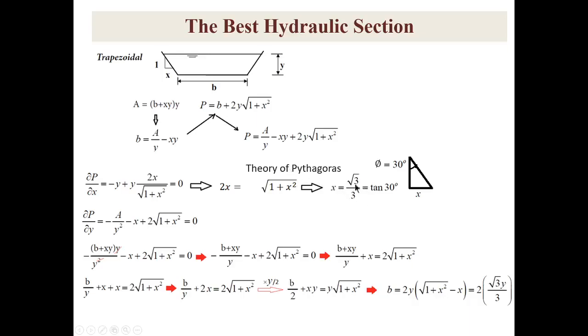Or you can say that this theta is 120. Now we have to differentiate the p with respect to the second variable, which was y. We assume x is constant, then take the derivative of each term of the equation.